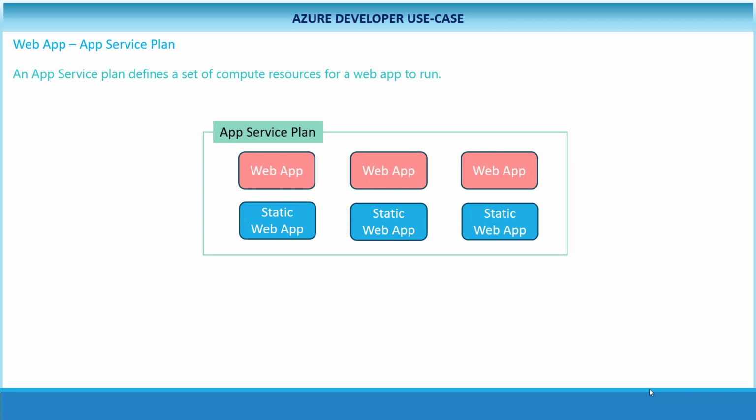Say for example, this is our app service plan. It can contain many web applications, maybe some static web applications as well. In an app service plan, we can host one or more web apps or one or more static web apps.